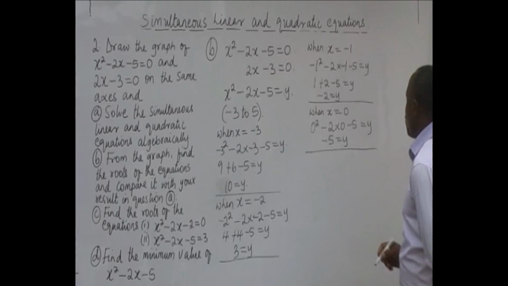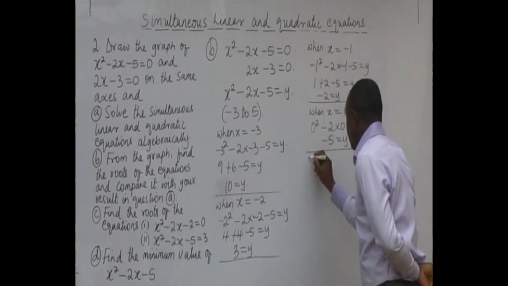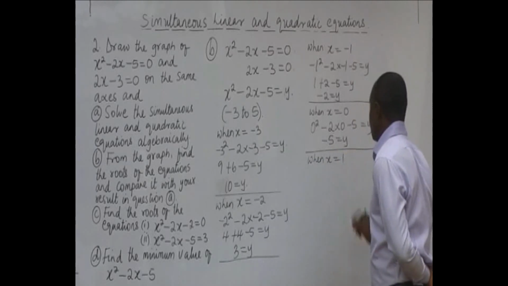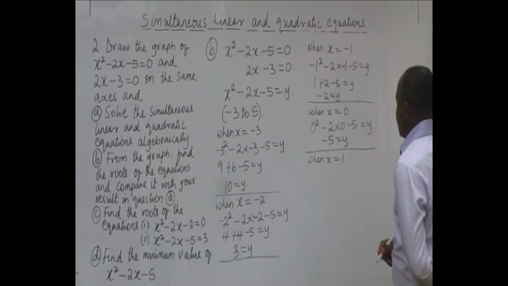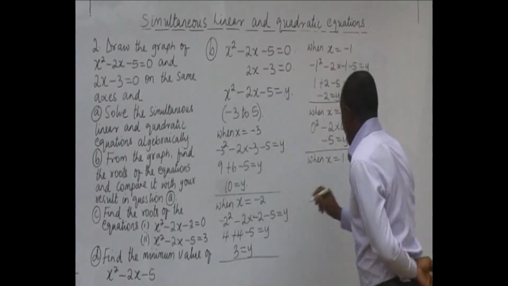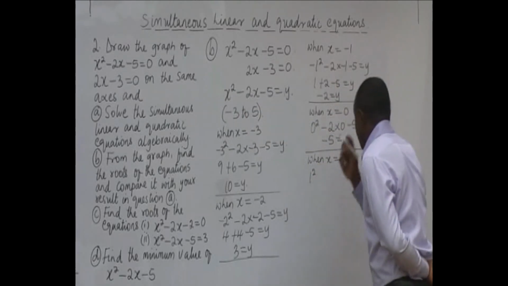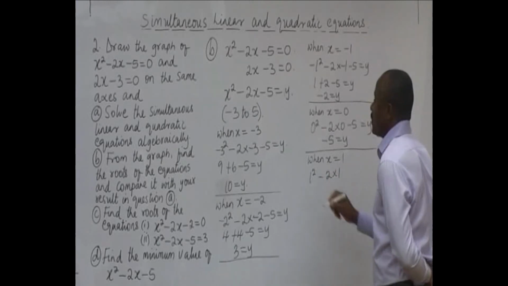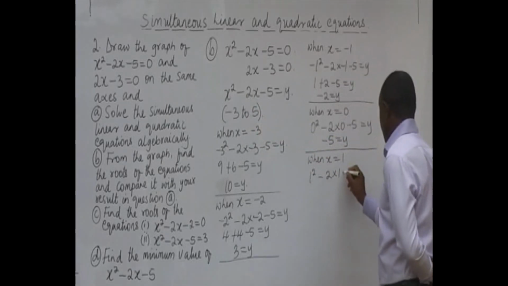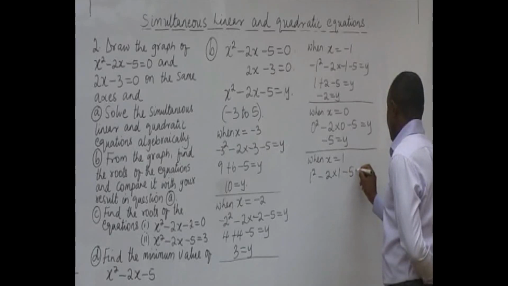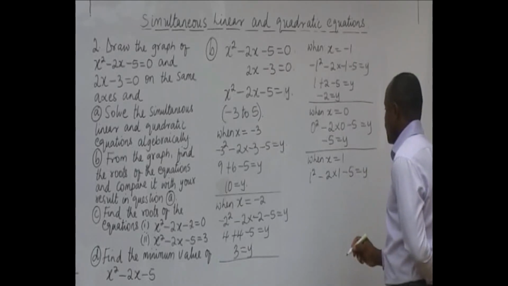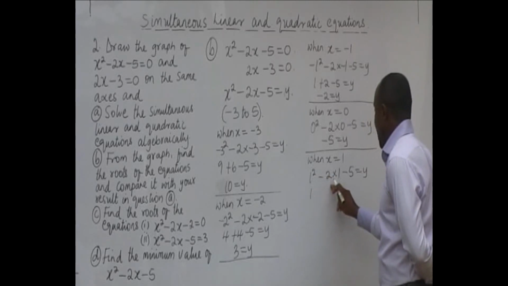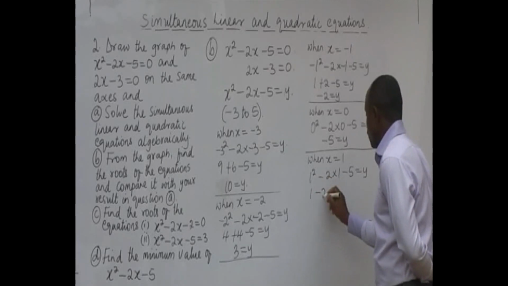The next is when x is 1. When x is 1, x squared will become 1 squared, minus 2 times 1, minus 2x, then minus 5 is equal to y. 1 squared remains 1. Minus 2 times 1 will give you minus 2.